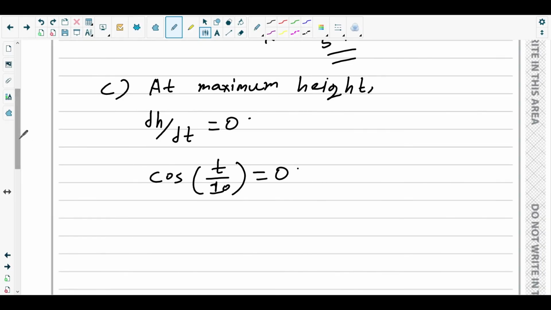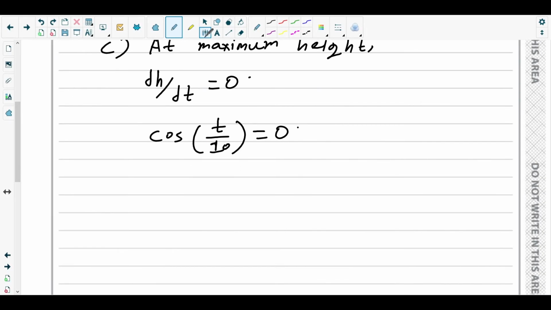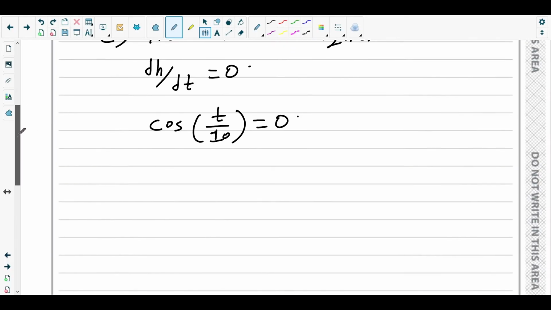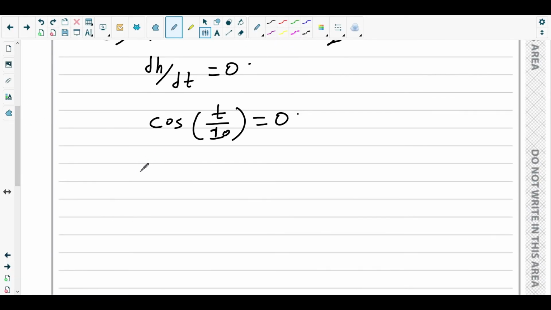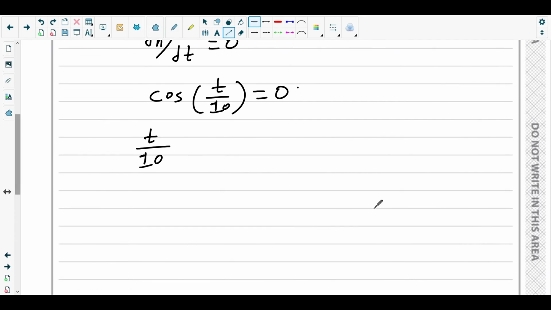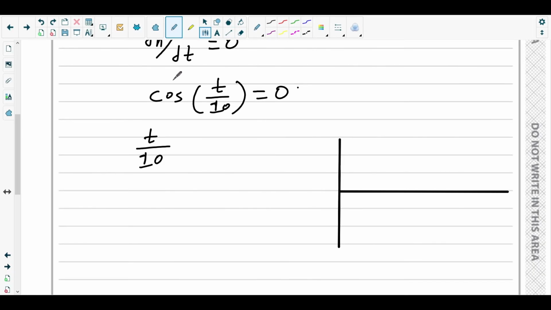So for cos t equals 0, now we need to use the CAST diagram to get the value for time at which it is reaching the maximum height for the third time, right? So consider the graph of cos theta. The speed of the carriage is dependent on the value of cos theta, isn't it?